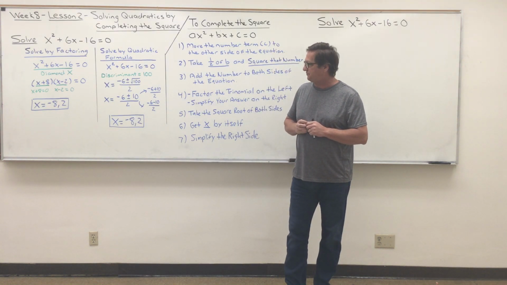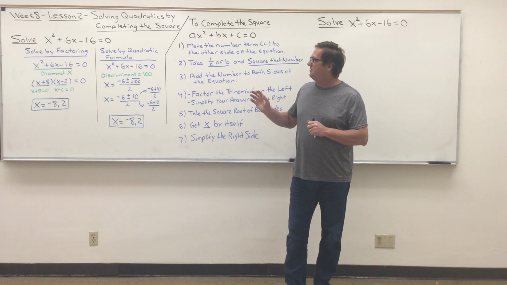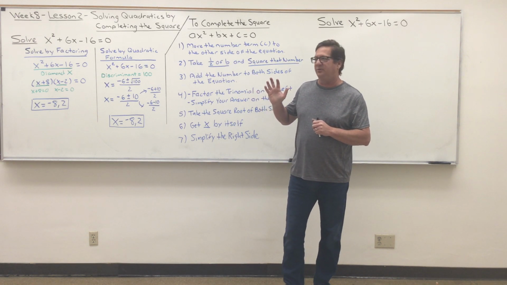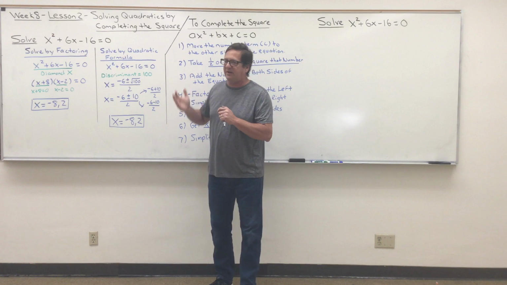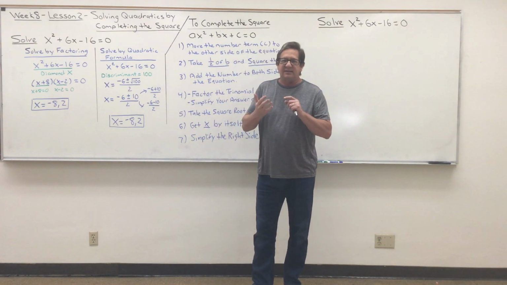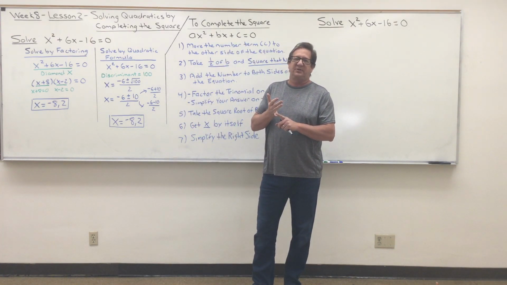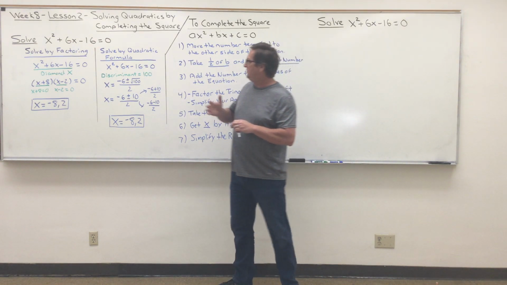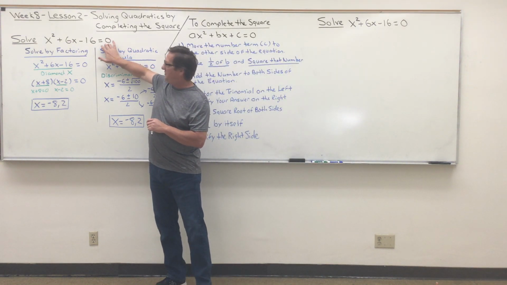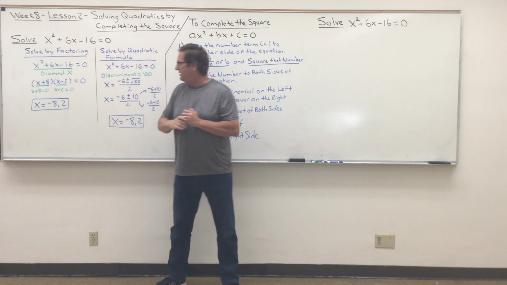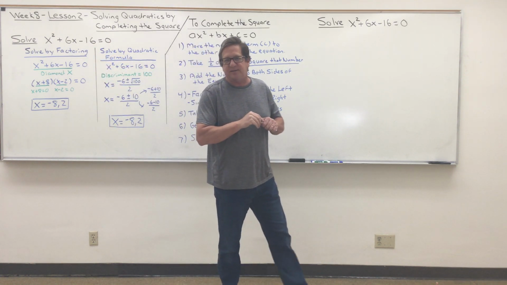But in the intro, I wanted to tell you that today's going to be the third way that we're going to learn to solve a quadratic. Initially, when you learn how to factor, we started solving by factoring. So here is x squared plus 6x minus 16.